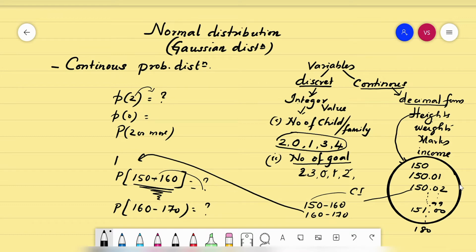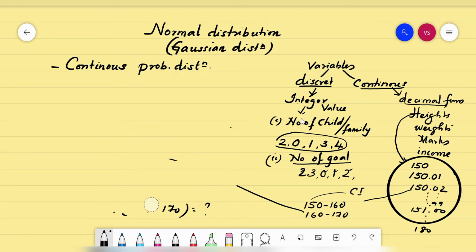So in nature, there are so many variables you come across, students. I just wanted to highlight that those variables follow this normal curve or a normal distribution.